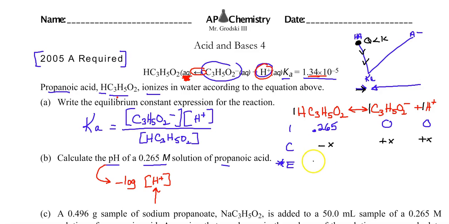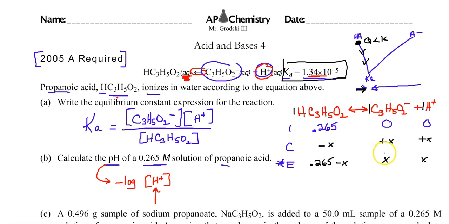And at equilibrium, this is what we're really after, 0.265 minus X, and X, and X plus 0. To do that math, I can do that in my head. And there's my values. Now, because they gave me the value of Ka, I can solve for X.